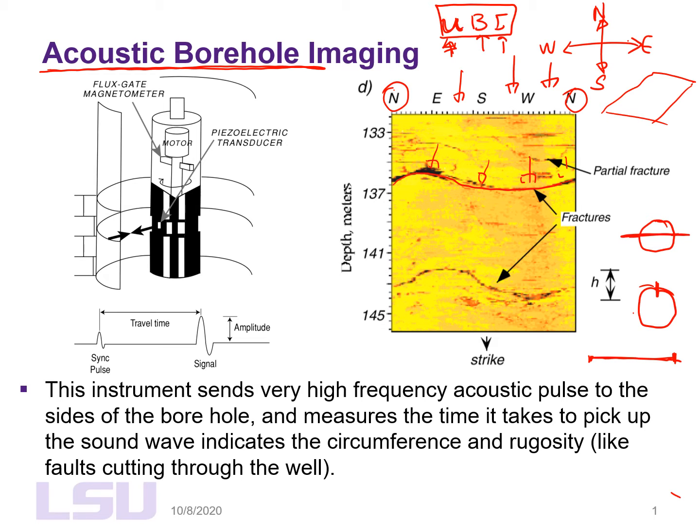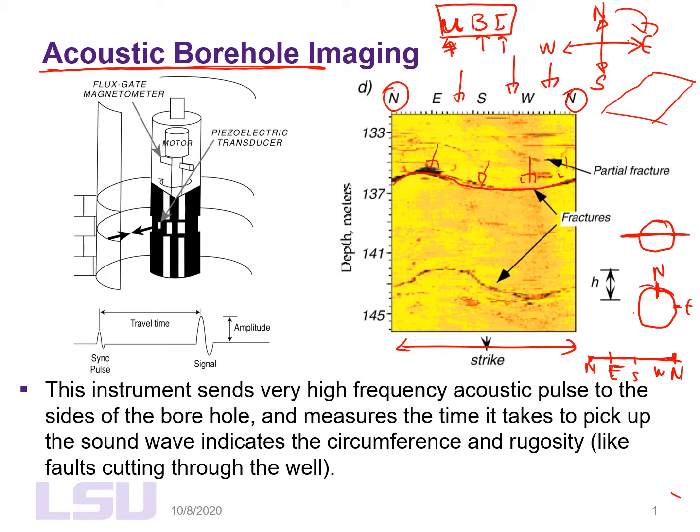And now you cut it at the north. So this is your north, and this other point is still north, and you have all the other stuff in between, right? And actually we go this way, which is clockwise. So next will be what? East, then south, then west, and that's it right there. So this is the circumference of the wellbore.